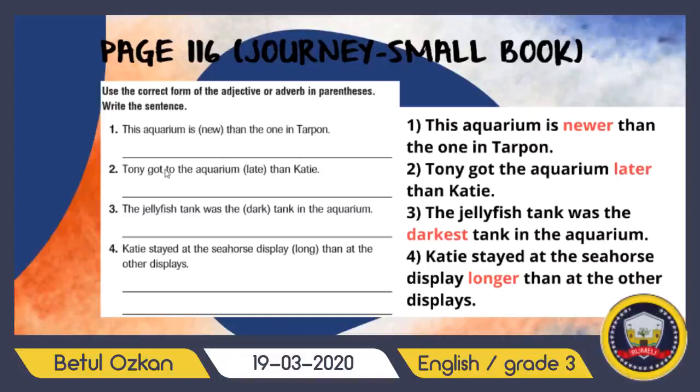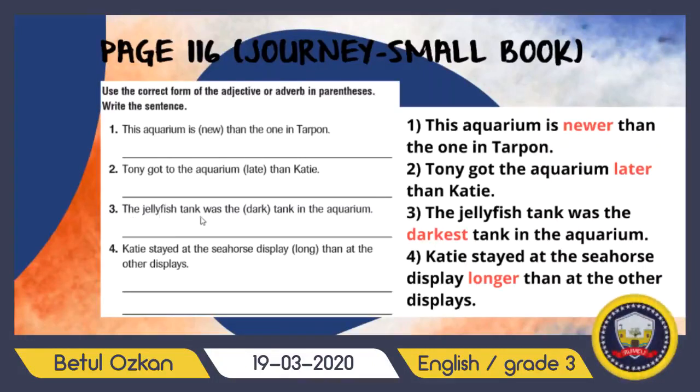It says Tony got to the aquarium later than Katie. If there is already an e at the end of my adjective or adverb, I just need to put r. I don't need to put one more e here. So it will be later than Katie. I just compare 2 people.